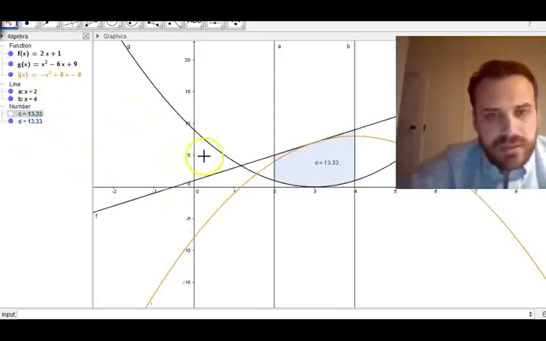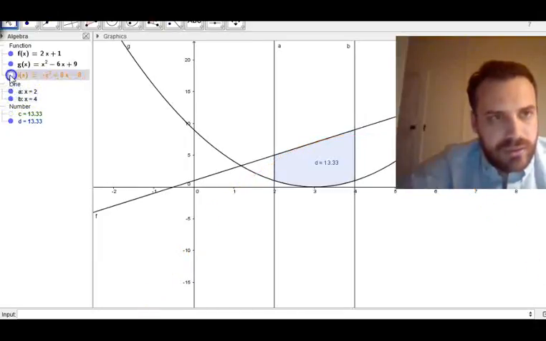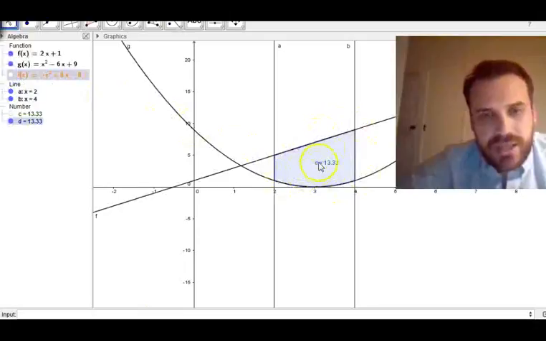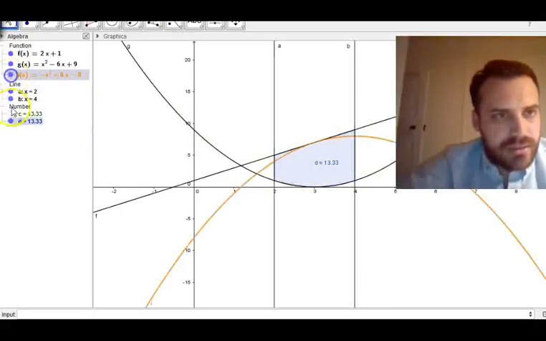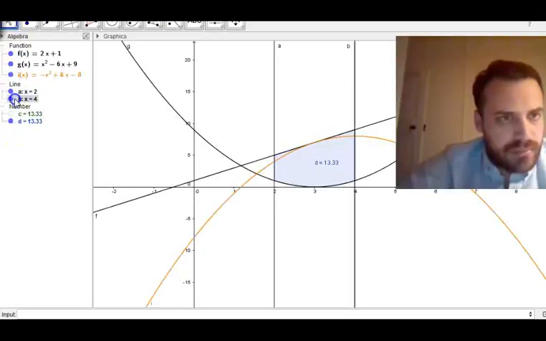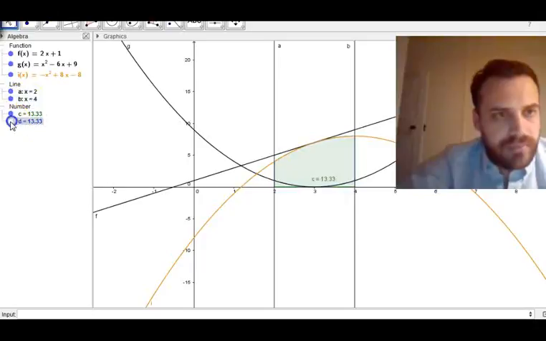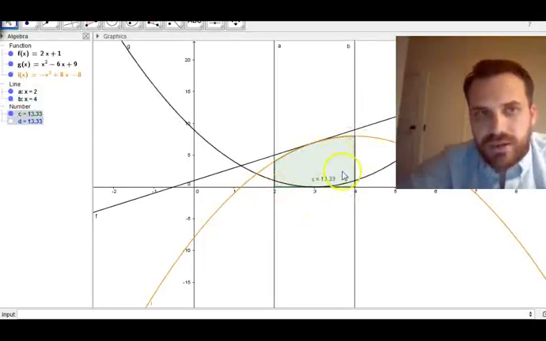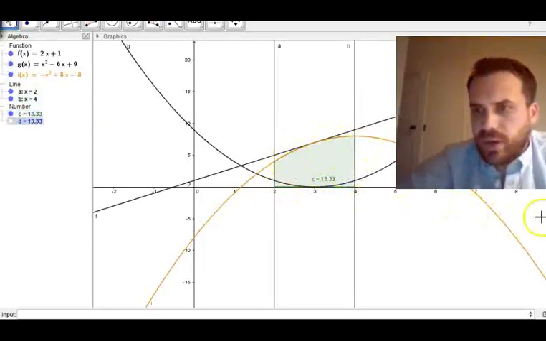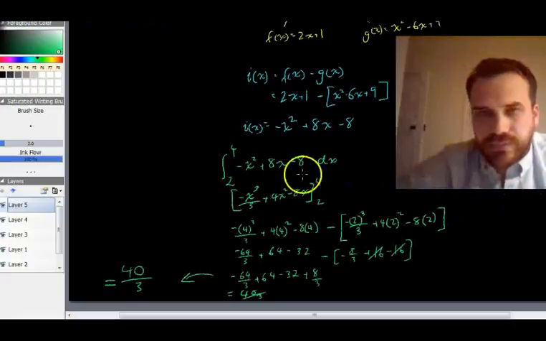This area is the same as this area here. Hopefully I've thrown a bit of light on it.